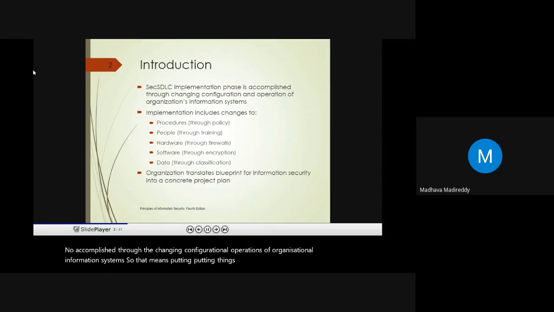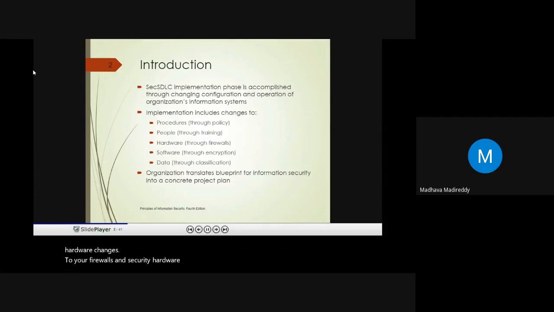So what does this implementation primarily include? First of all, it will include the policies and procedures that were outlined for the organization. Secondly, we will talk about the training that is necessary for the people. Then the implementation may also include changes to your hardware, changes to your firewalls and hardware security.